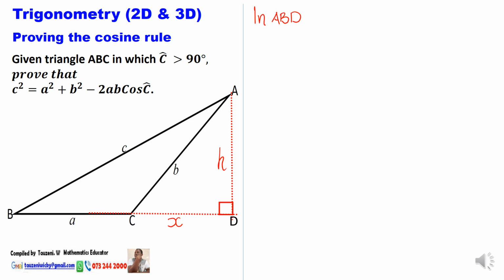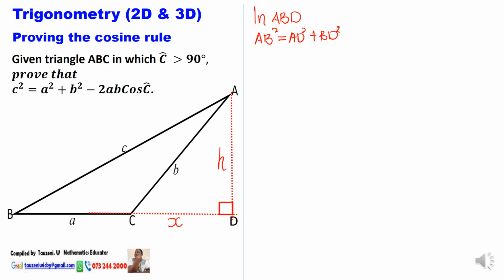Let's start with triangle ABD. In triangle ABD, we know that the hypotenuse is AB, therefore AB squared is equal to AD squared plus BD squared. This is an expression that we are getting from the theorem of Pythagoras.